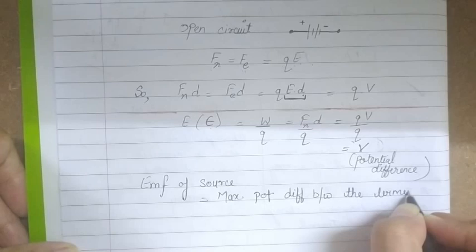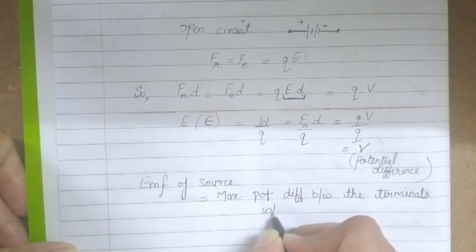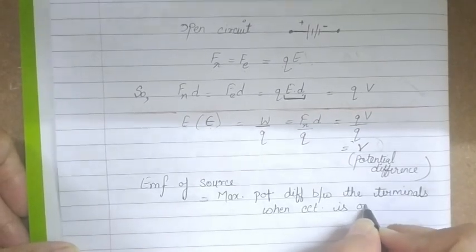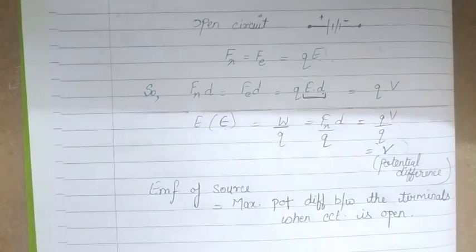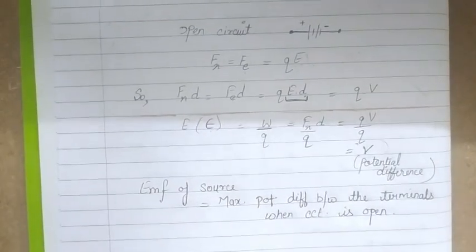But condition क्या है इसके लिए? Between the terminals when circuit is open. Means we have not connected any circuit element, or there is no closed circuit with that battery. All right.